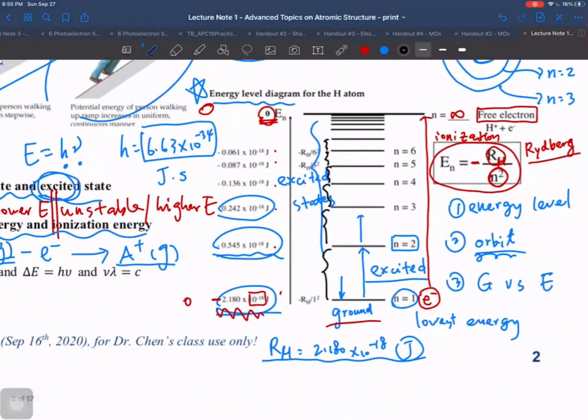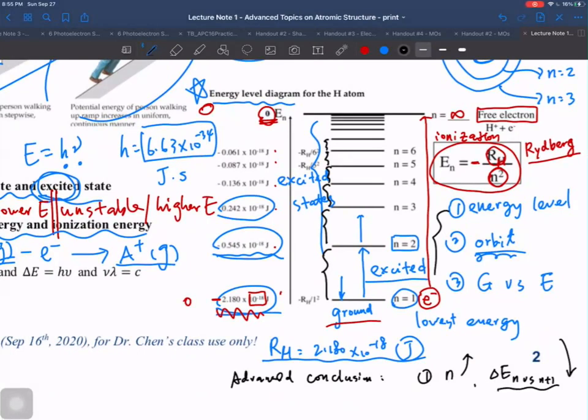Let me use a certain way to describe the idea. So, a few more advanced conclusions. Those are some fundamental things about the energy level diagram. The first one is n. When n is increasing, the gap of the energy between n and n plus 1 is decreasing, right?